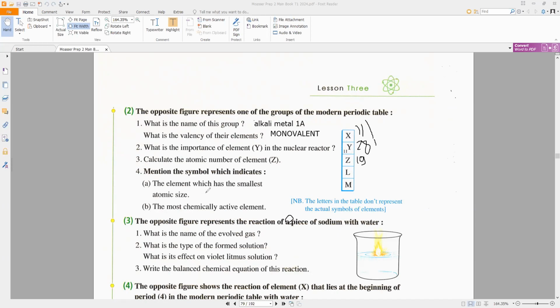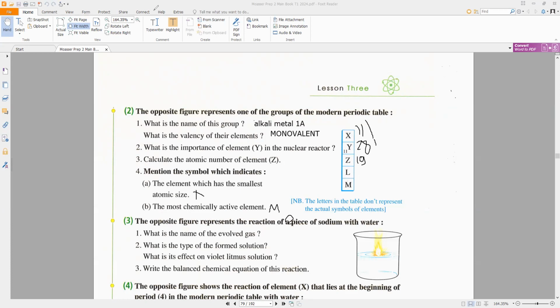Mention the symbol of the element with the smallest atomic size. Atomic size in group 1A, we know it's X, because as we move down, the atomic size increases. The most active element is M. This is lithium, sodium, potassium, rubidium, cesium, and francium.